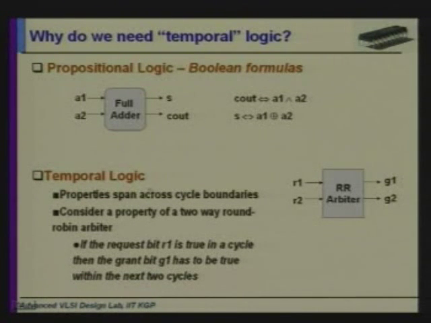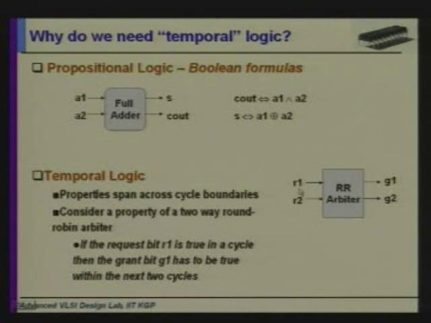Okay, let us take an example. This is a round robin arbiter. It has two inputs R1 and R2 and two outputs G1 and G2. Since it is round robin, whenever R1 makes a request, within the next two cycles it will get its grant. Round robin means it will allocate the grant for a particular time interval to each of the requests.